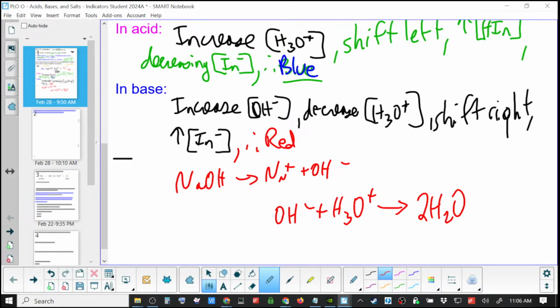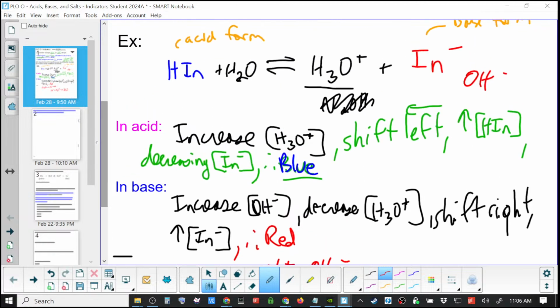But the H2O is on the left side. Yes, but it doesn't matter. This is in water as a solution. The concentration of water is always the same. What is the state of water? Liquid. Are we ever using water when we do our ICE tables? But you just created another liquid, so it doesn't matter. It's getting rid of it.